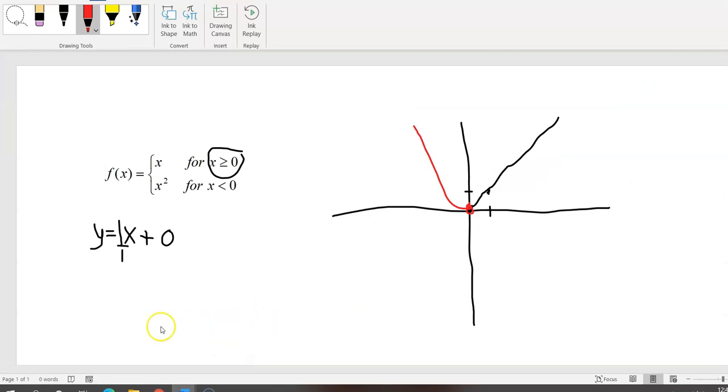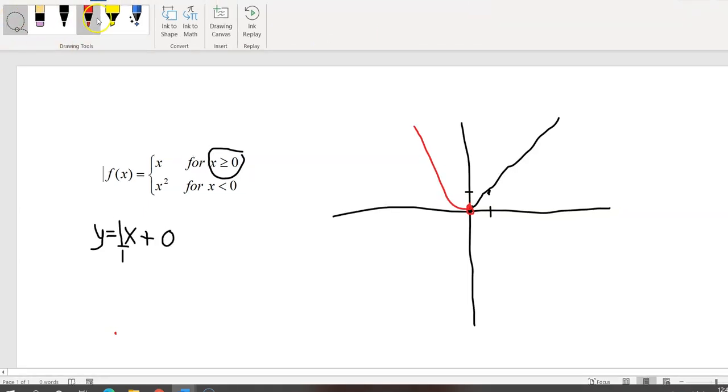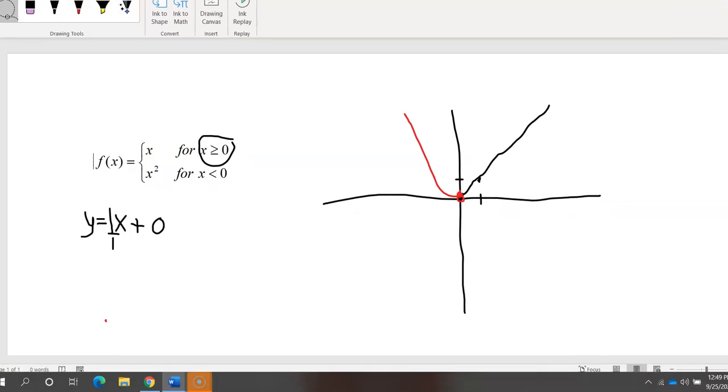Okay, so see if I can actually get out of this. Usually there's a button to get me out of the draw feature, and for some reason I am not getting that button.